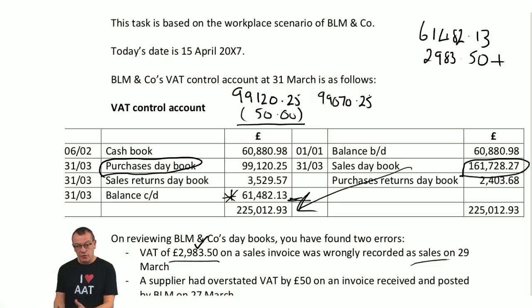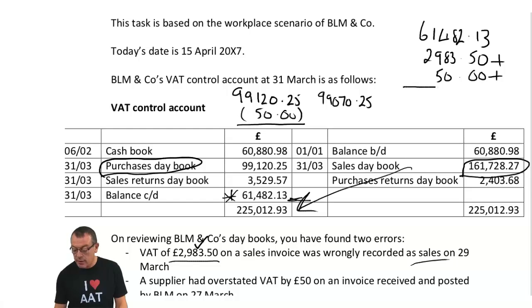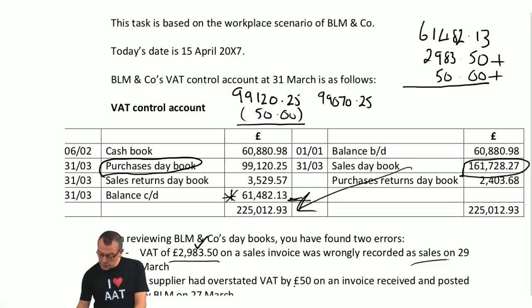Now, if that figure decreases, you're probably already working ahead, then again the closing balance must increase. So I'm going back up to my working that I started initially, and I'm going to put the £50 into there, and I'm going to add that figure up. And I've then adjusted my VAT closing balance figure to the correct figure as a result of these two errors. So that has now been dealt with.